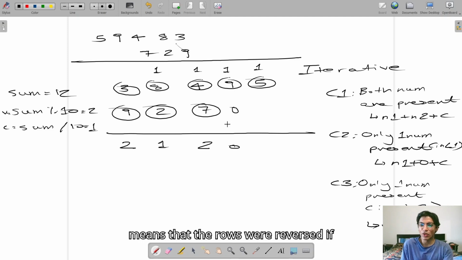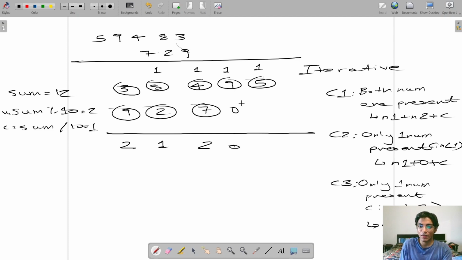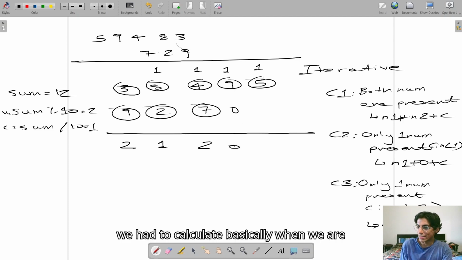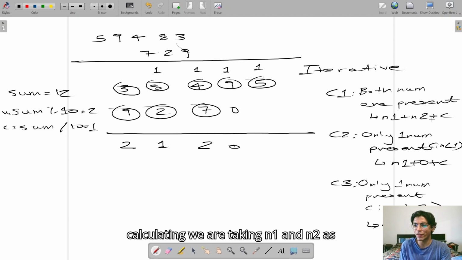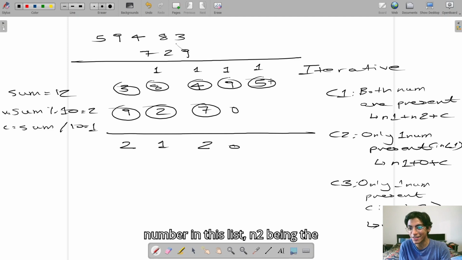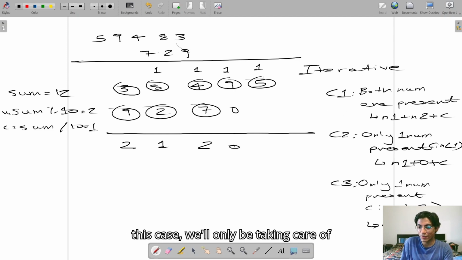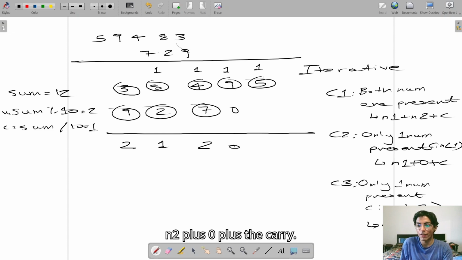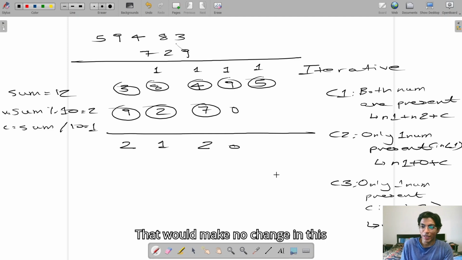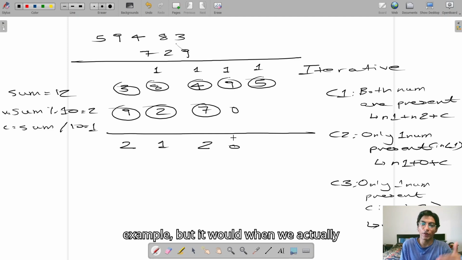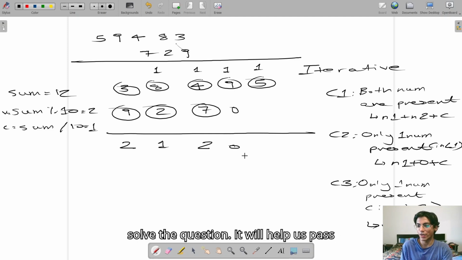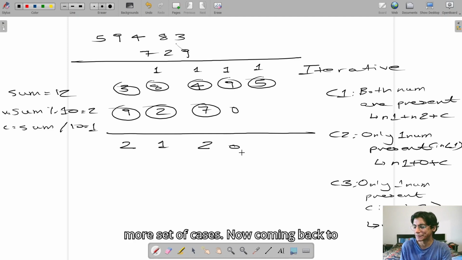That simply means that whenever we are calculating, we're taking n1 and n2 as the two entities, right? n1 being the number in this list, n2 being the current number in the other list. So in this case, we'll only be taking care of n2 plus 0 plus the carry. That would make no change in this example, but it would when we actually solve the question. It will help us pass more cases.